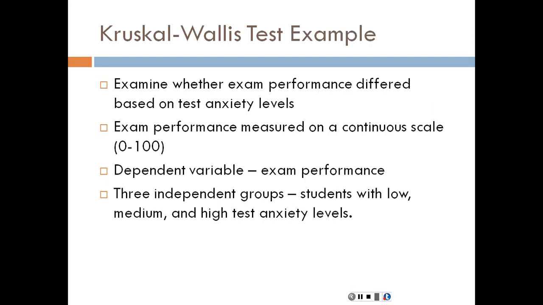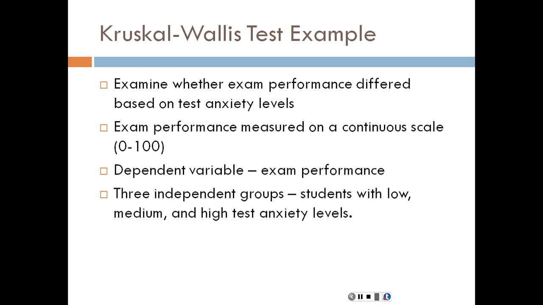So for instance, let's look at a couple of examples. Let's say we would want to understand whether exam performance, measured on a continuous scale from 0 to 100, differed based on test anxiety levels.